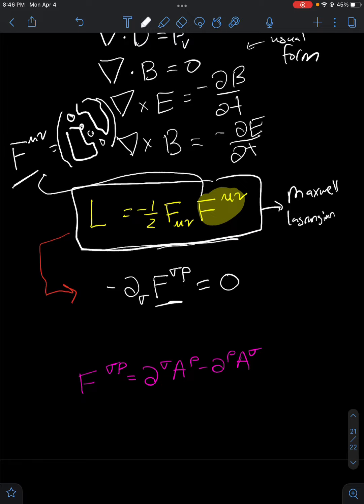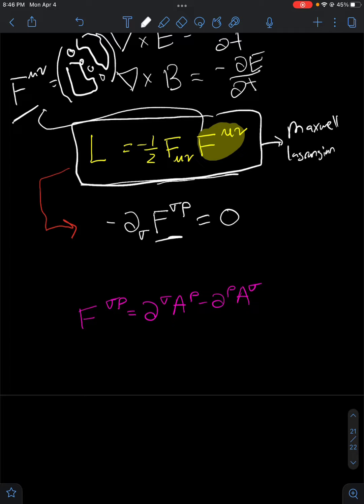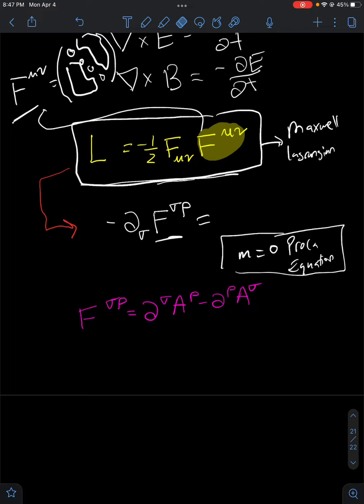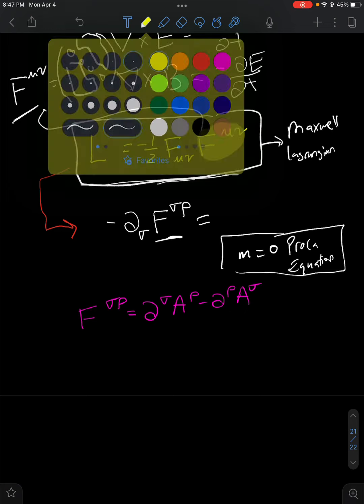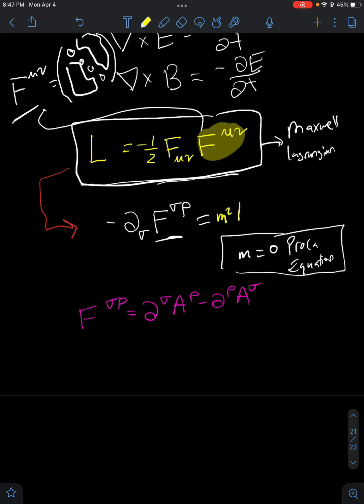Also, notice that the Maxwell equation is just the case where m equals 0 for the Proca equation. And I want to really stress this because it's going to help us throughout this video. Remember that the Proca equation says that this equals m squared times A rho, where A rho is the EM vector potential.